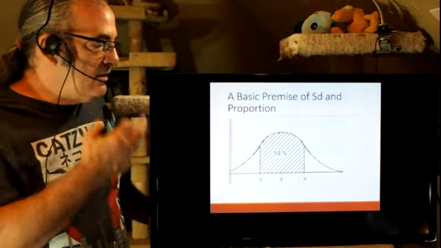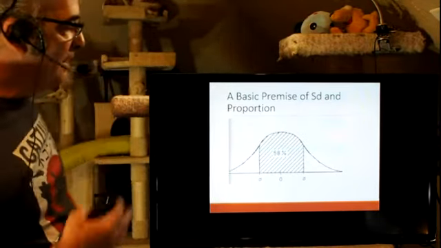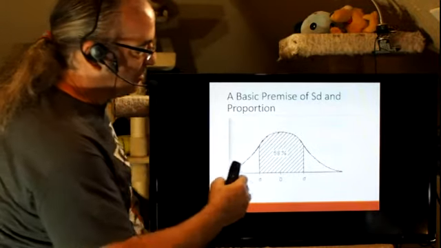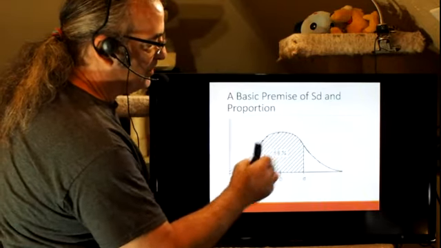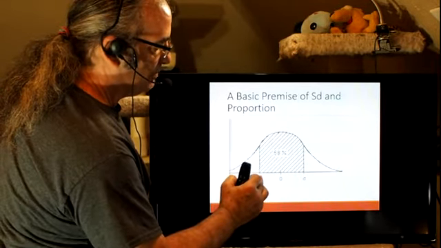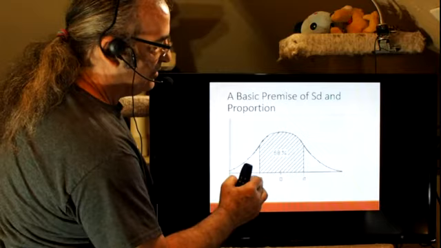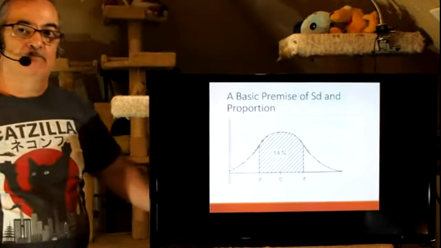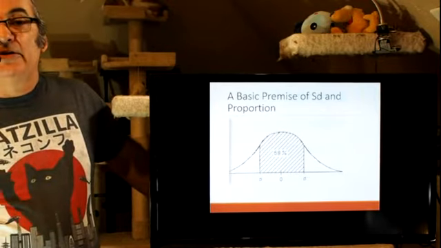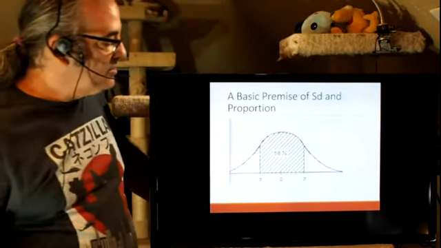What we know is that if a sample is normally distributed, like IQ, or many of the tests that we'll use, we know that 68% of the people who take this test are going to score between 1 standard deviation below the mean and 1 standard deviation above the mean. This allows us then to predict how many applicants we might need to see.